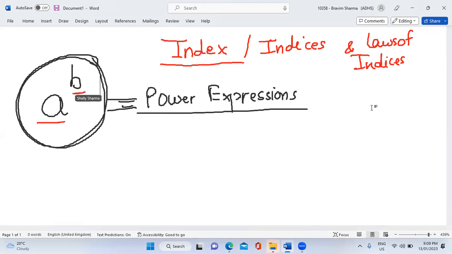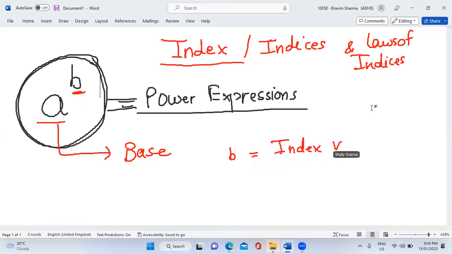One is A, and one is on the top right corner of this A, which is B. This A is known as the base. And this B is known as the index value, or it can be considered as a power, or an exponent also.